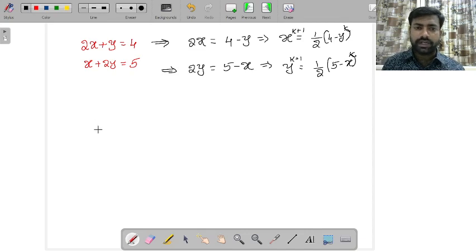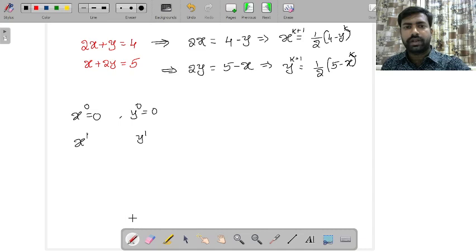So first, when k equal to 0, I'll take x to be 0 and y to be 0, and these are what we call x naught, y naught. Next we'd like to find x1 and y1 using those formulas. So we find this x1 and y1 using these iterative formulas.